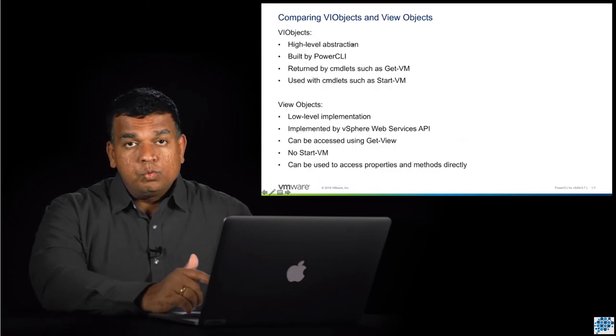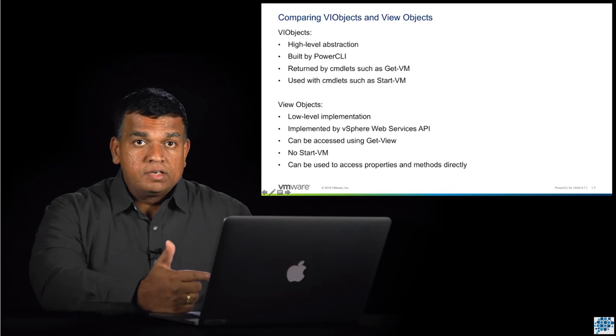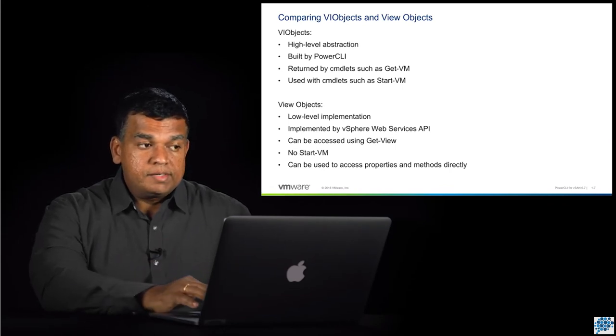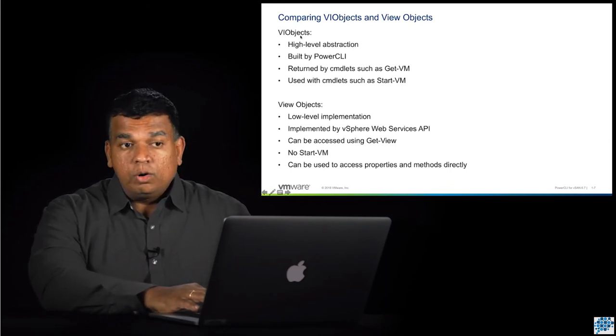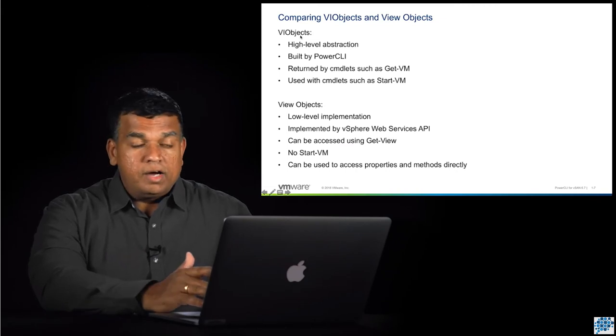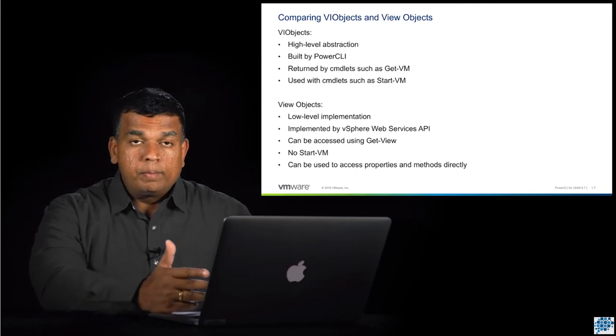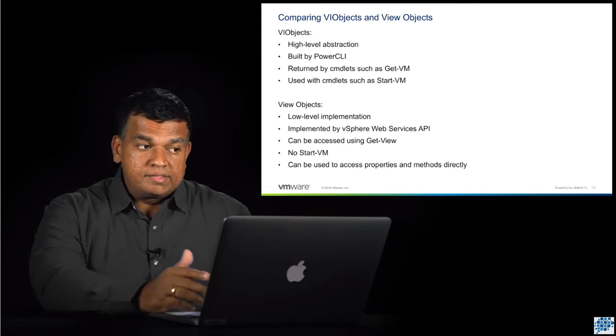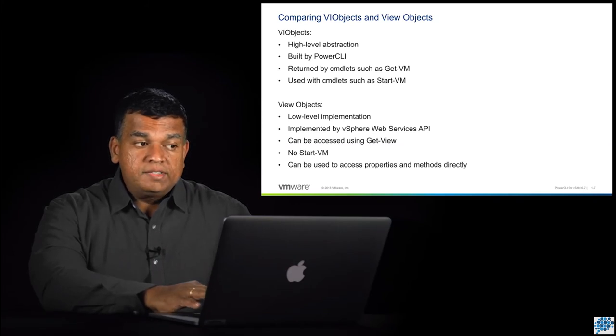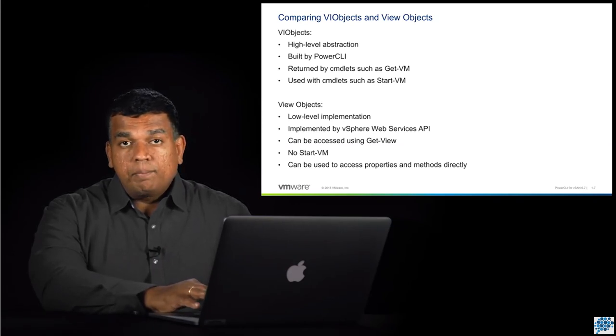So just a quick comparison between these two different types of objects. The VI objects are the high-level abstraction shown by the PowerCLI cmdlets. These are basically built for PowerCLI.